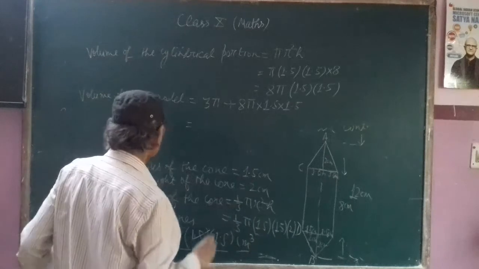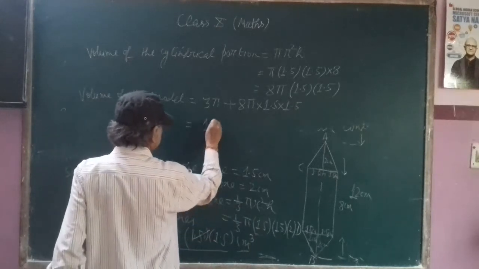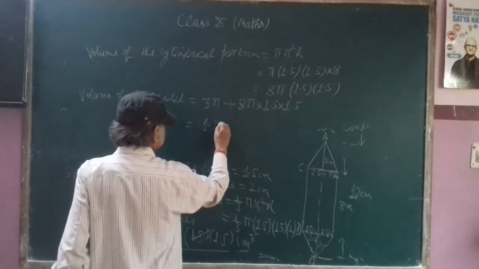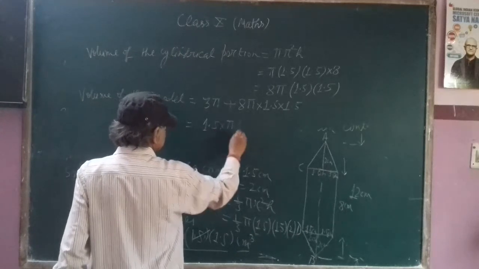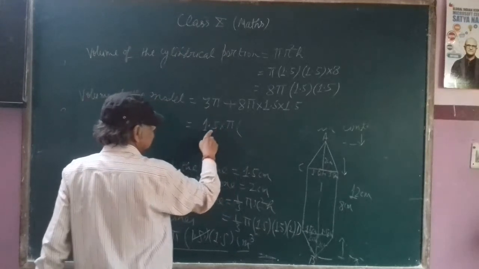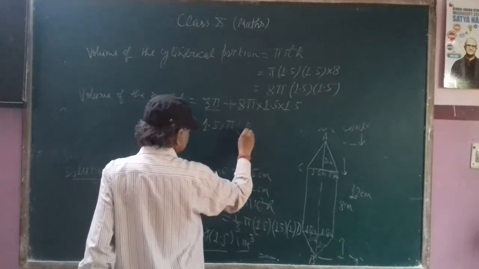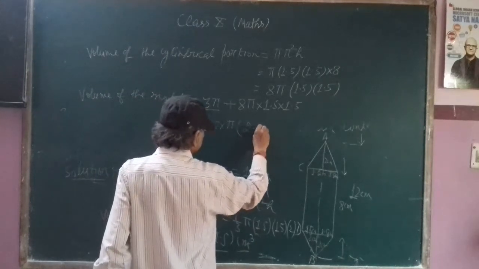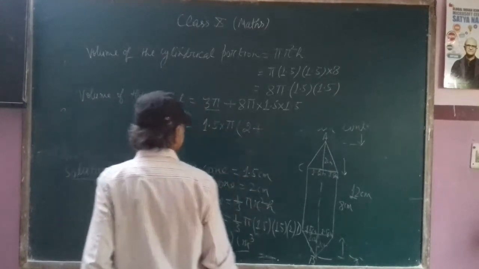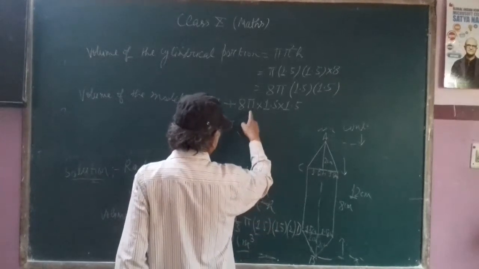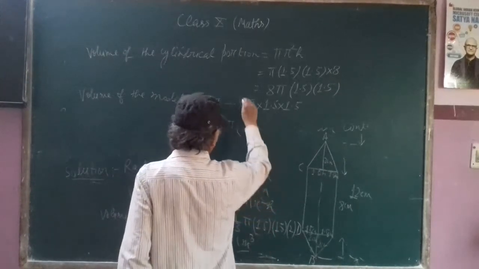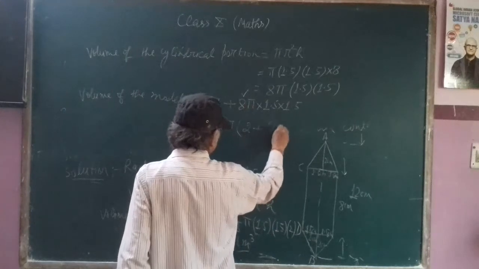You can take out 1.5 pi. If you divide, you get 2 here, and you will get 8 into 1.5.